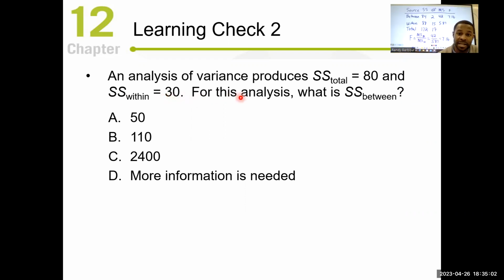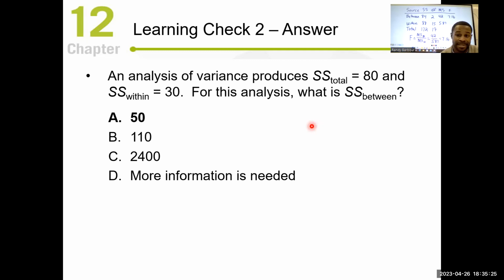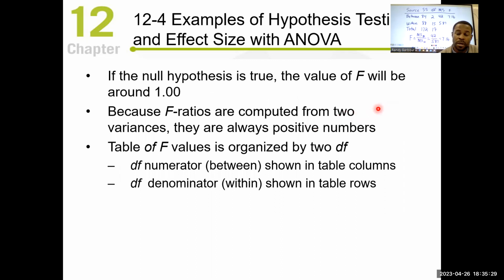For this analysis, what is the sum of squares between? Remember, the sum of squares total is partitioned into the within and the between, so you're just adding those two together. All you would do is 80 minus 30, which gives me 50. Just be mindful of that as we move forward, because you might get something very similar to that on the exam.